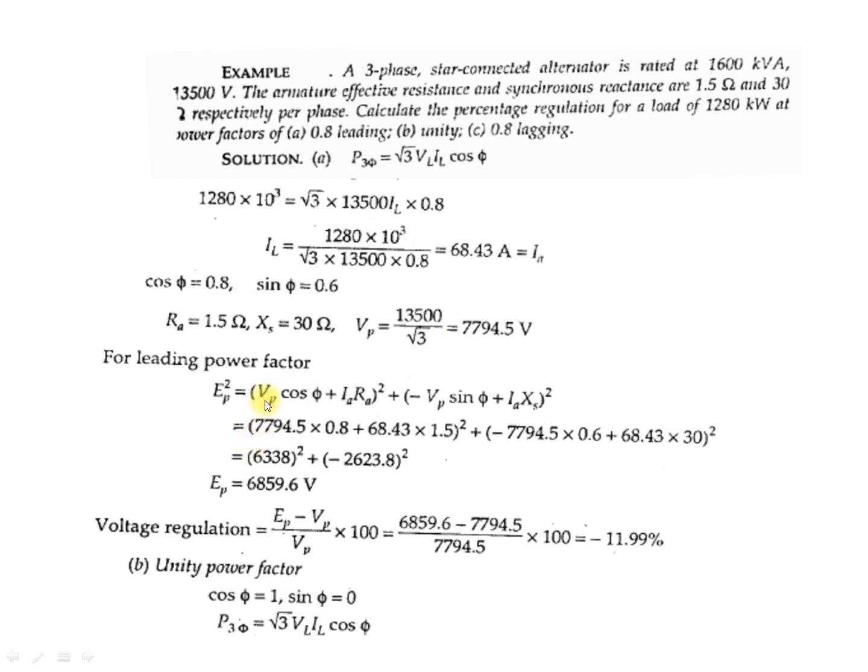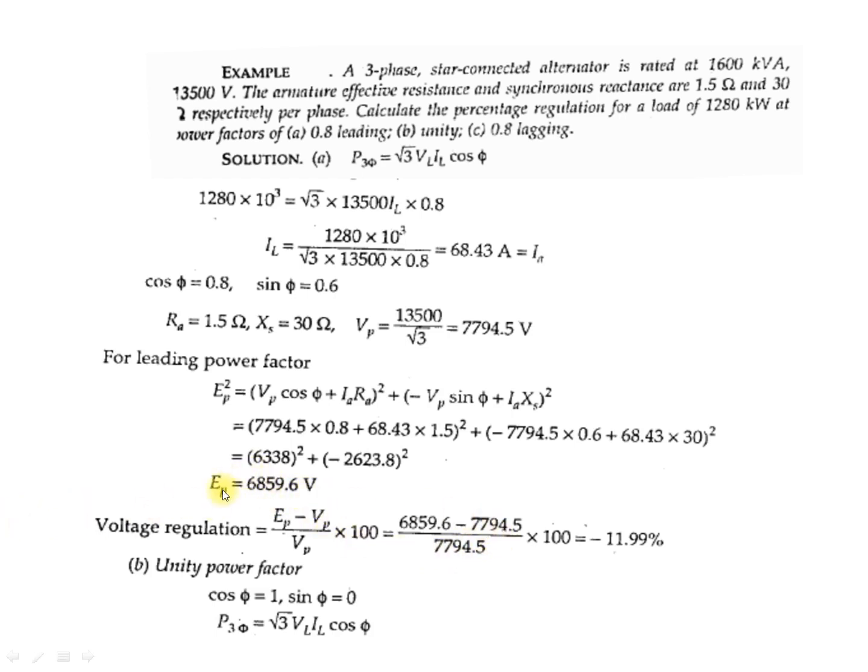So we can put in the values we have seen in this section. We put Vp as 7794.5, the cos phi value, Ia as 68.43, Ra as 1.5, the sin phi value as 0.6 and the Xs value as 30. If you calculate the Ep value, it is 6859.6 volts.